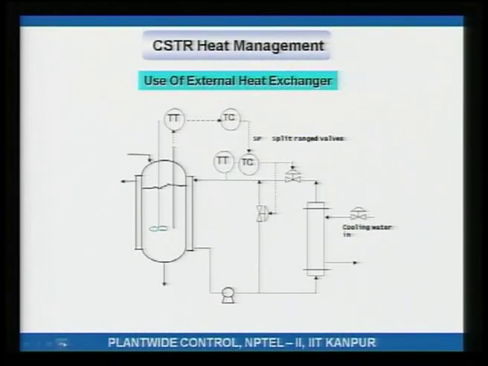Use of an external heat exchanger. Sometimes, let us say the reactor temperature is 450 degrees Celsius, or even 500 degrees Celsius, so the reactor is operated at a pretty high temperature. Because 400 or 450 degrees Celsius is beyond the critical temperature of water, phase change cannot occur now.